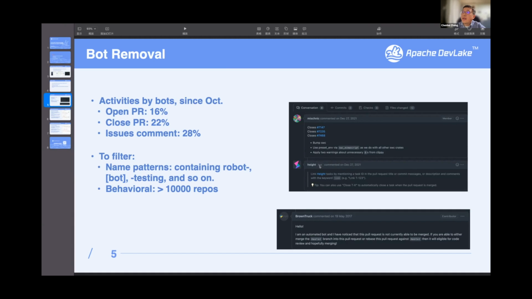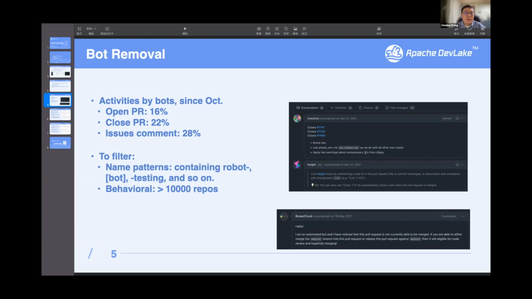It has a bot tag attached here, and it has a square-shaped avatar. And the non-bots like this one, they have a round-shaped avatar, but this is not important.